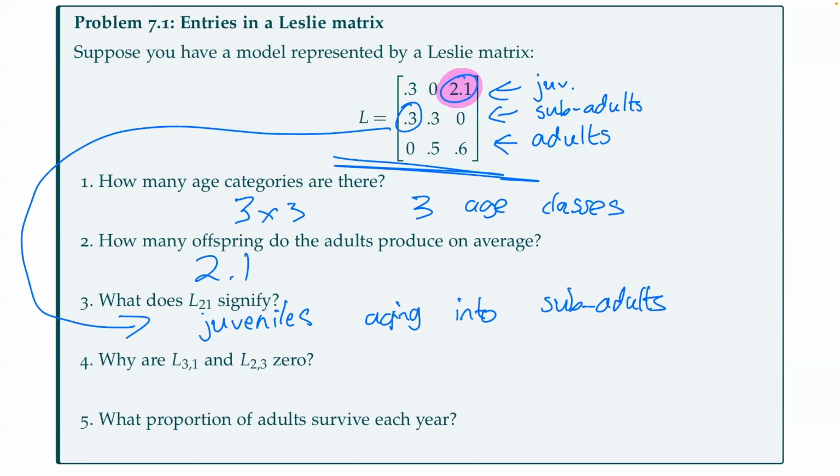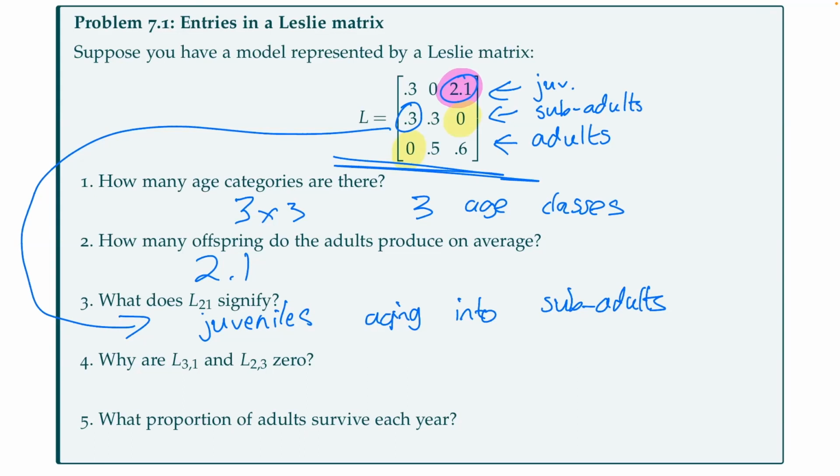Okay, how about these zero terms here? Why are L31 and L23 zero? Exactly, yeah.